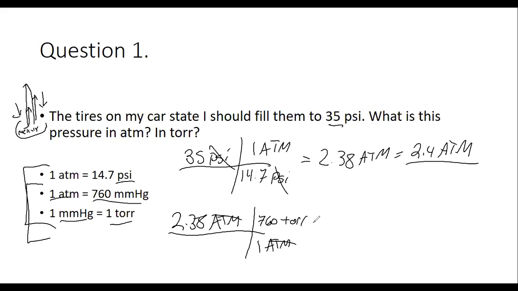We're left with torr, which is 1809.5 torr. Sig figs, again, my starting point was 2 sig figs, so my answer should be 2 sig figs. So I need to use scientific notation. I move my decimal over once, twice, 3 times. So 1.8 times 10 to the 3 torr is the answer I would be looking for.